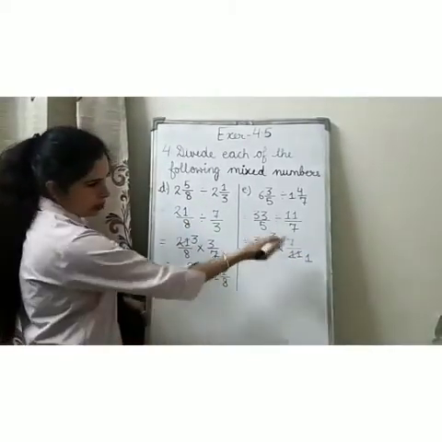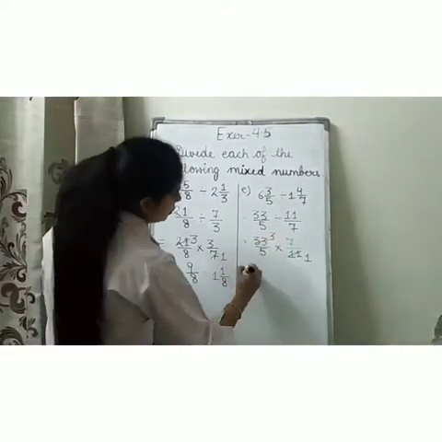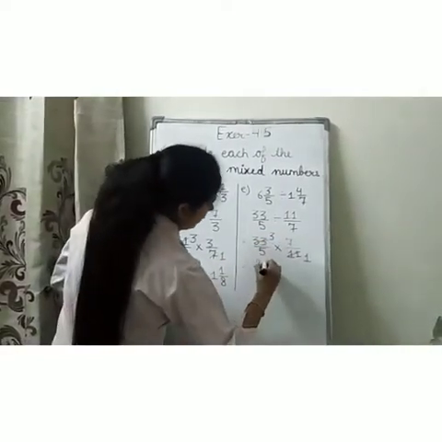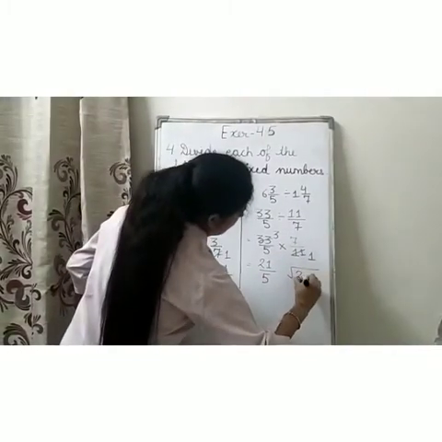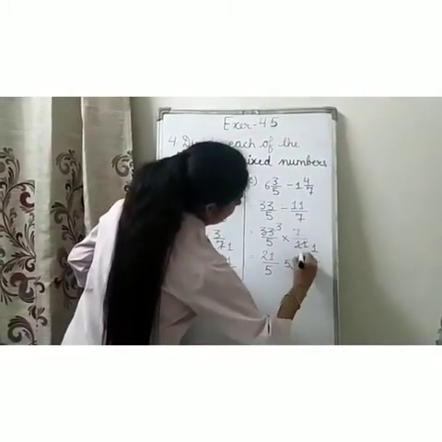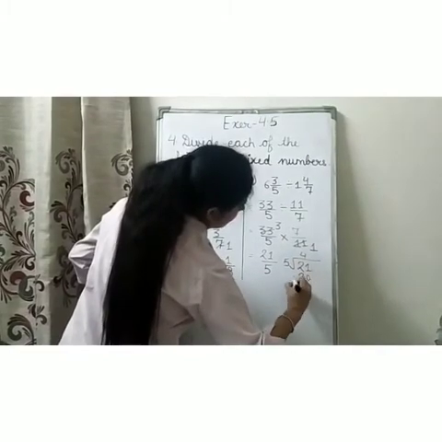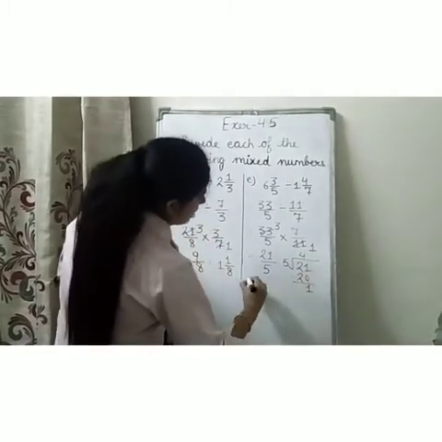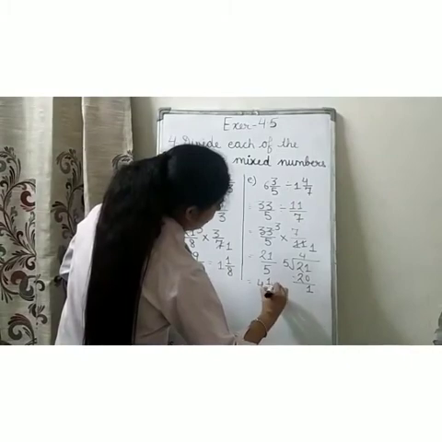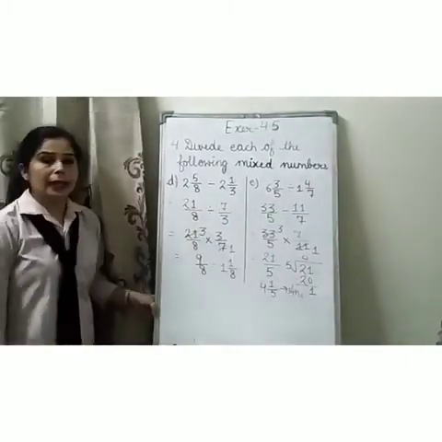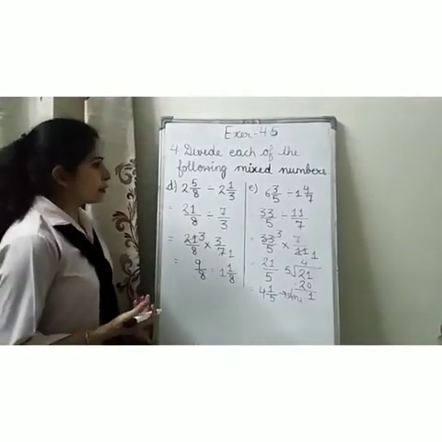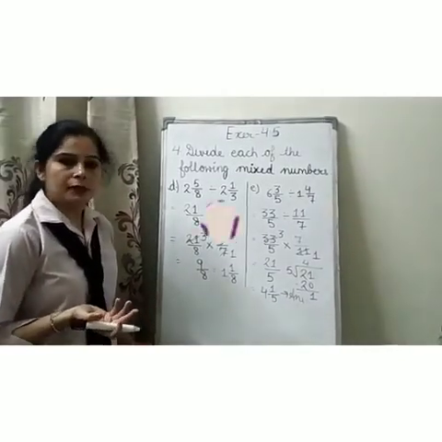No more cuttings. All are prime numbers. So 3 sevens are 21. 5 ones are 5. Now convert into a mixed number. 5 fours are 20. Remainder 1. Answer will be 4 and 1 over 5. I hope you understand it. Rest of the parts you can do yourself.